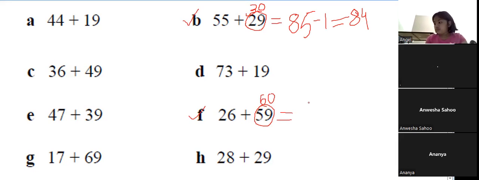And because instead of adding 59 you added 60, just remove 1, because we took one extra. We'll remove 1, so 85.